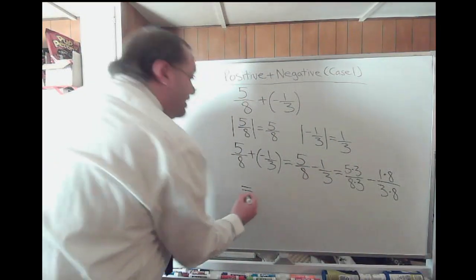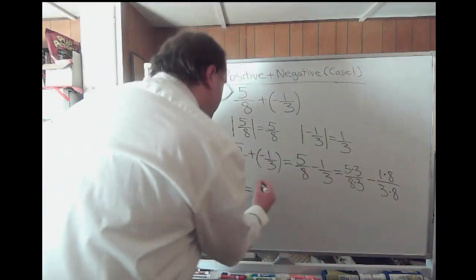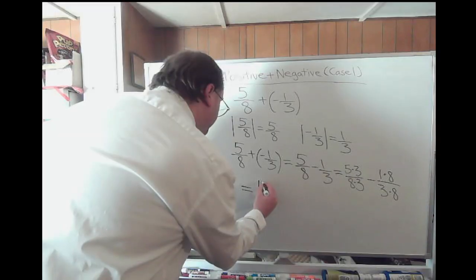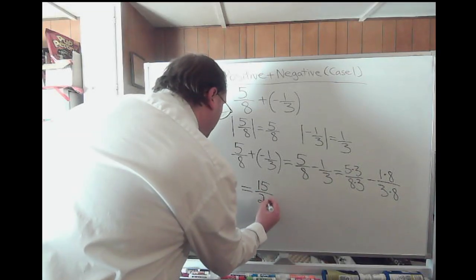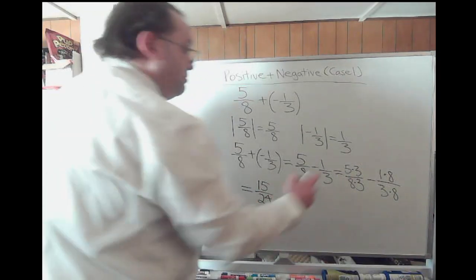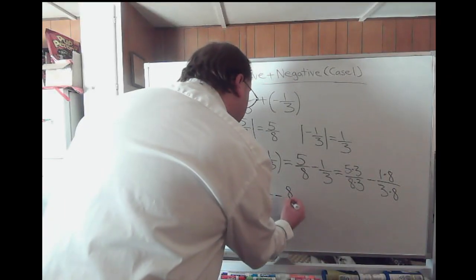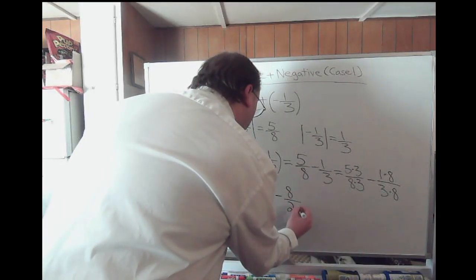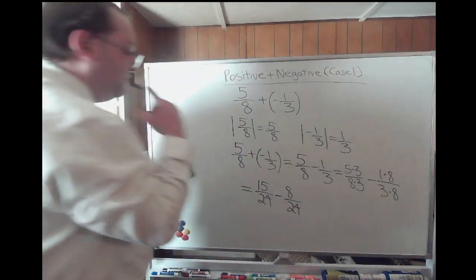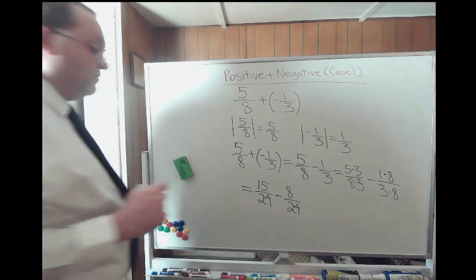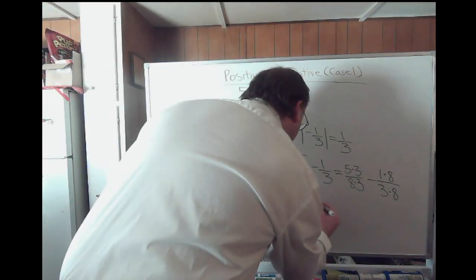Let's move this over here. So you'll have 5 times 3 is 15 over 24 minus, then let's do 1 times 8, that's 8 over 24. Now you're left with 15 24ths minus 8 24ths. That would be 7 24ths.